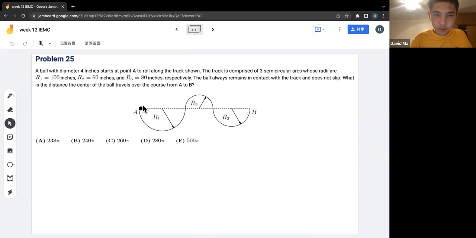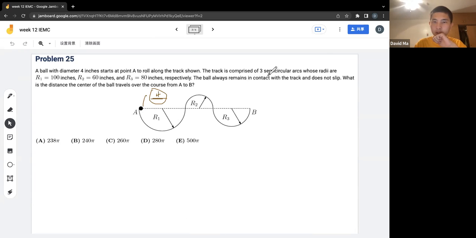Ball, which is this one. It's 4 inches in diameter. And it's rolling at point A, so it starts at point A and then rolls along the track shown.